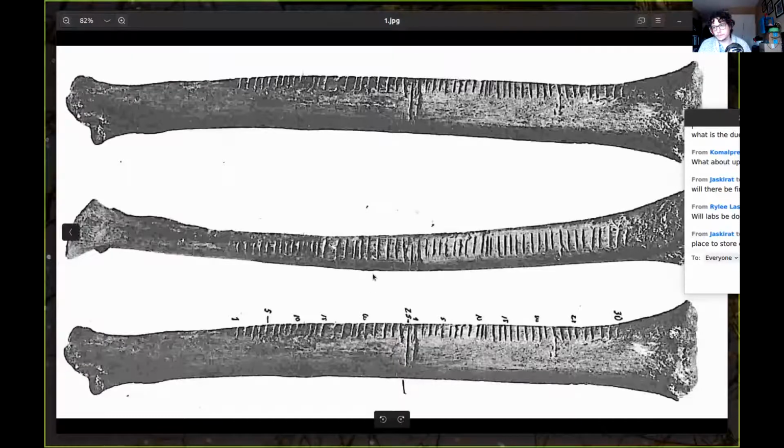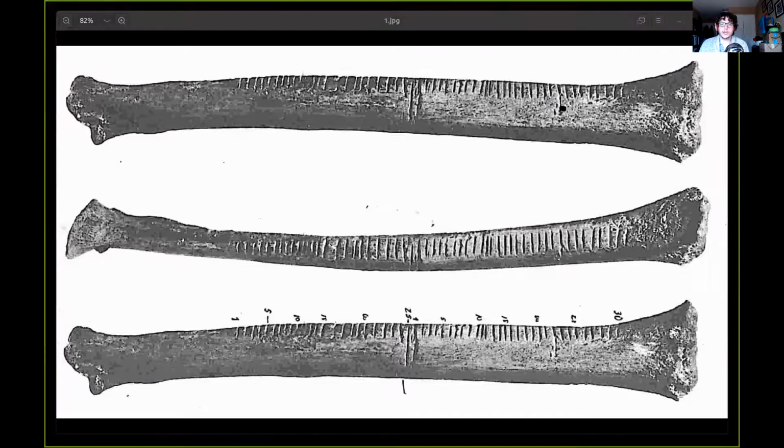All right. So any idea what this is? Any idea at all what this thing is?